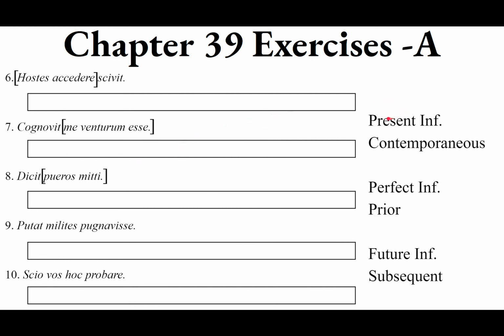As the present passive infinitive, present infinitive is contemporaneous to the introductory main head verb. So he, she, it says that, well, what is going on contemporaneously, at the same time, concurrently as the main verb, that the pueros mitti, the boys are sent. The boys are being sent. He says that the boys are being sent right now, same time, contemporaneously.